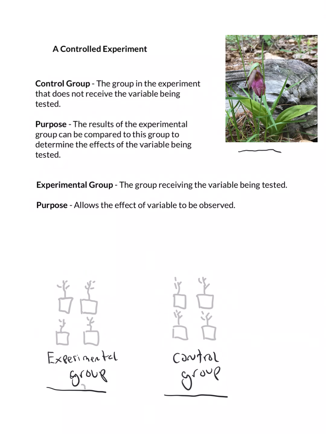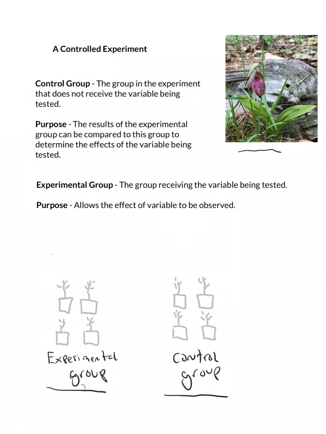To make this a valid experiment, I want to make sure that all the variables are the same. In other words, I have the same kinds of plants, the same type of soil, the same size pots, and everything is the same. I'll water them the same. They'll get the same amount of water. But the only thing that's going to be different is that in my experimental group, I'm going to receive the fertilizer.